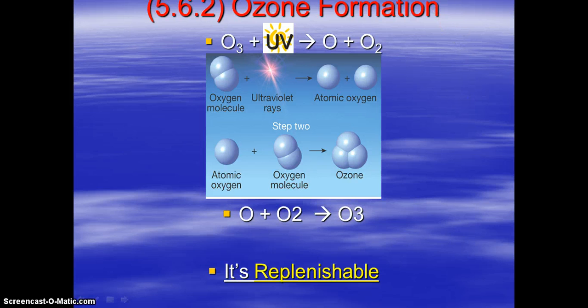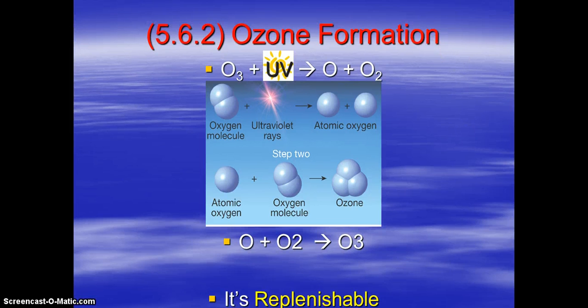How does the ozone form? Well, ozone breaks down, actually, when this O3 ozone molecule is hit by the sun's radiation, and it'll break down into atomic oxygen and an oxygen molecule.